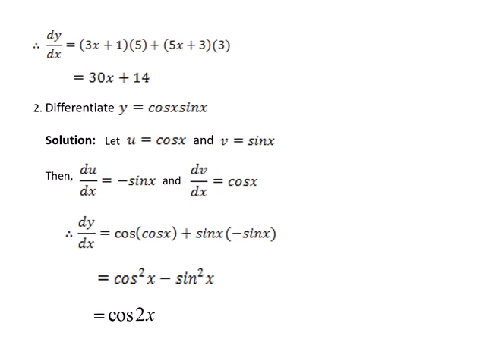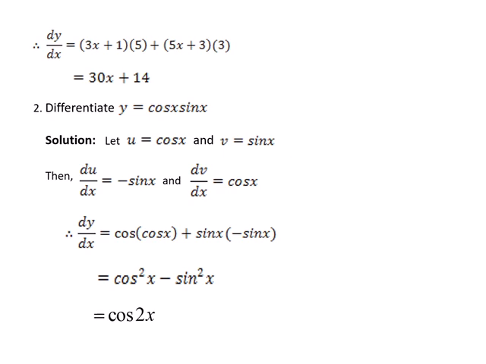So let us look at the solution. We represent cos x as u, and we represent sin x as v. So let u be equal to cos x and v equal to sin x.